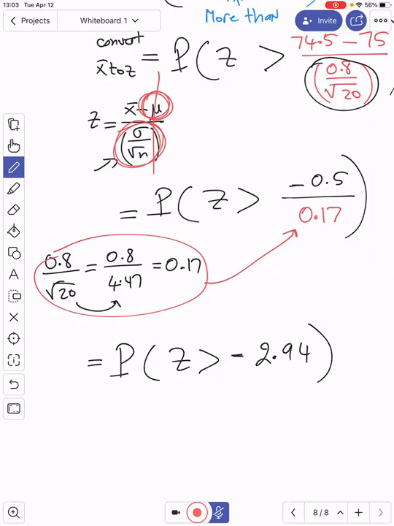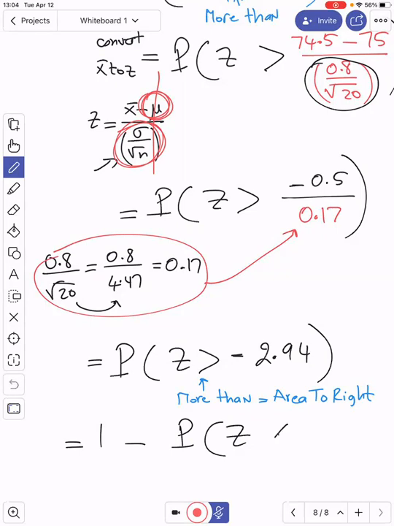Once you're done with the fraction, we use the chart, but be careful here because this is more than, so it's the area to the right of negative 2.94. The area to the right is 1 minus the area to the left, and the area to the left is the probability that Z is less than negative 2.94.